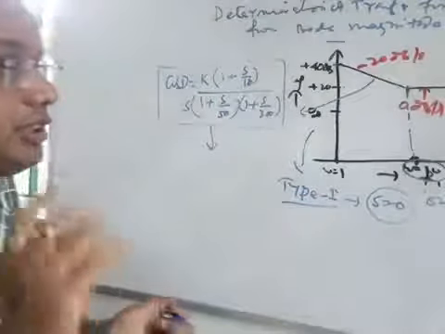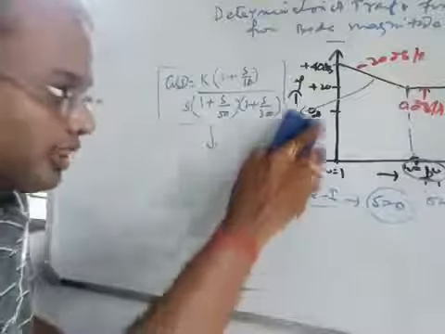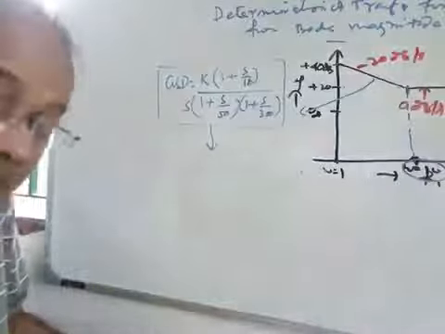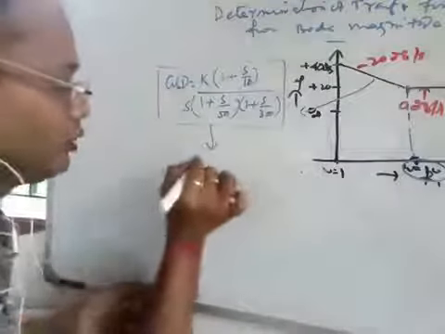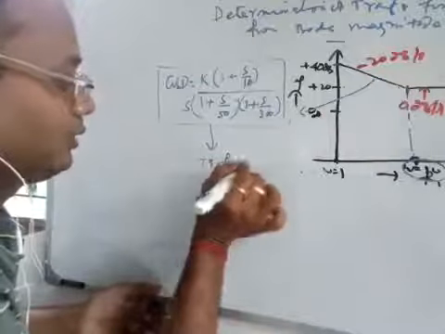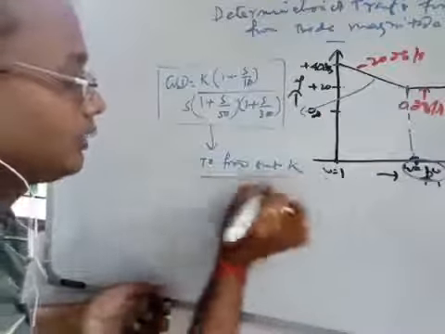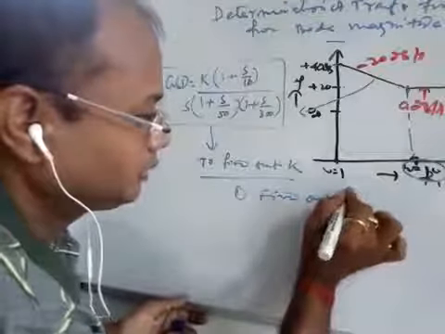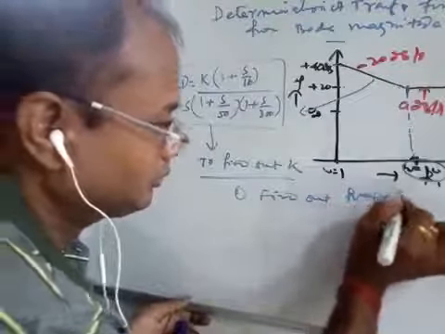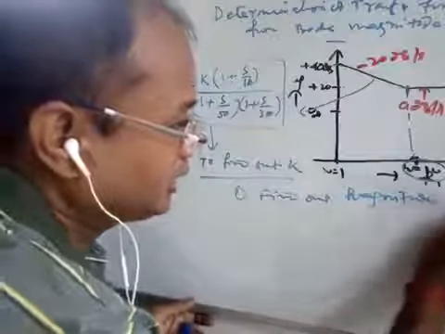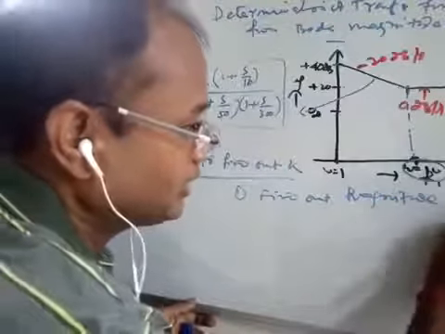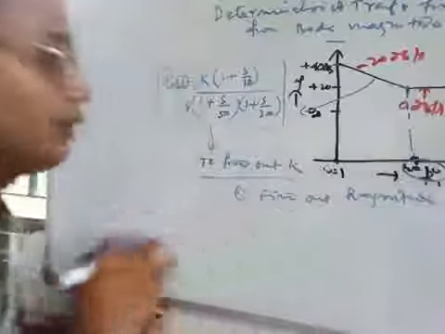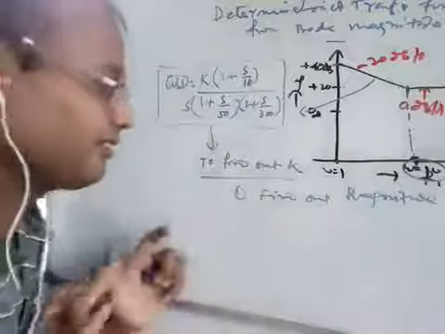For that, I will just write two steps. One is that you have to find out the magnitude at the initial frequency. To find out K, what we'll do, we will find out the magnitude at omega equal to the initial frequency, whatever may be the initial frequency in the graph, you can see it.